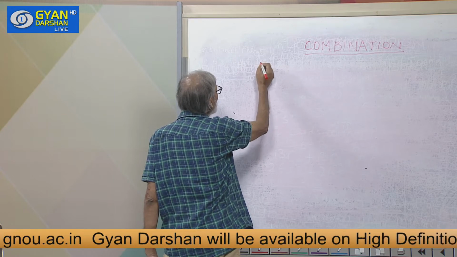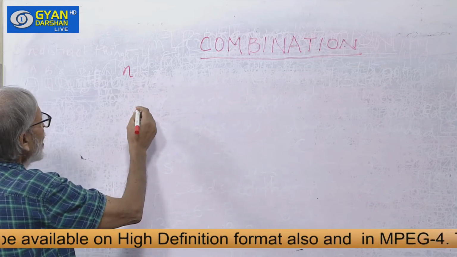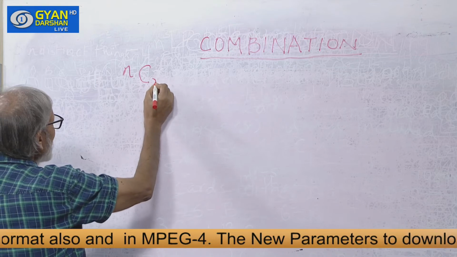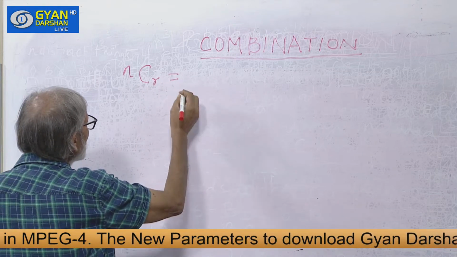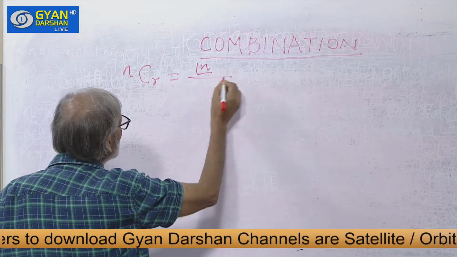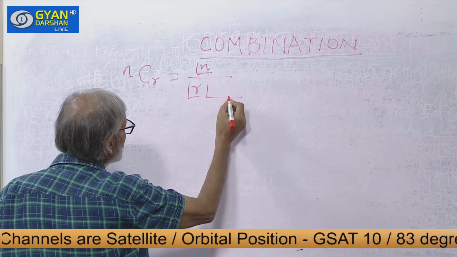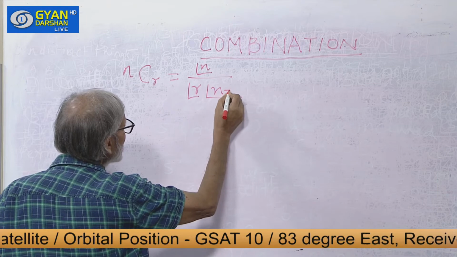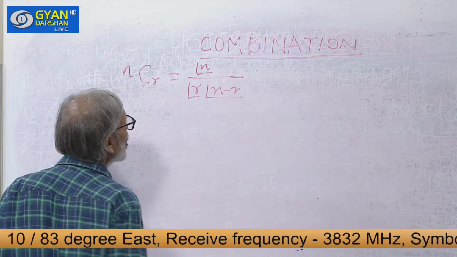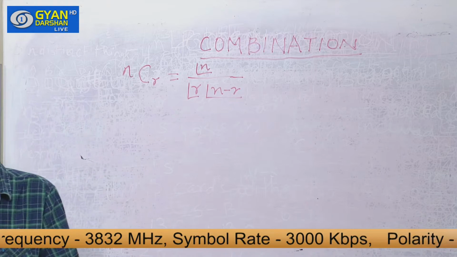If out of n distinct things there are r things to be taken together at a time, then yesterday we discussed that its formula is factorial n divided by factorial r divided by factorial n minus r. So, you should remember this formula.